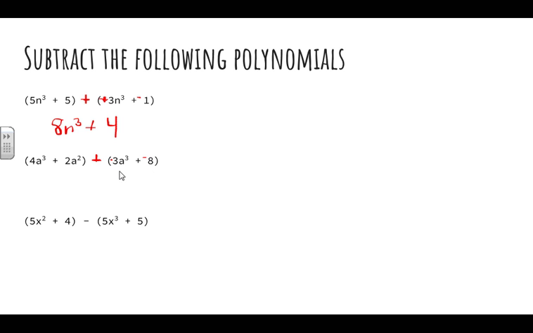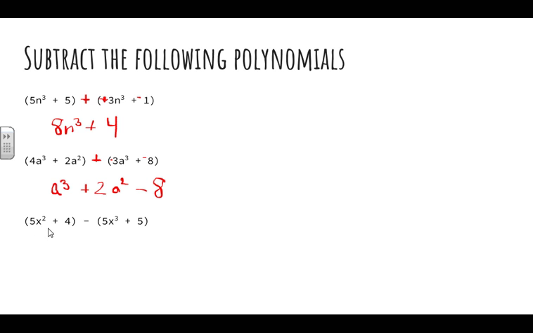So 4a cubed plus negative 3a cubed is just a cubed. Now 2a squared does not have a like term, so it's just 2a squared. Negative 8 also does not have a like term, so we can just tack that on at the end. So we get a cubed plus 2a squared minus 8.